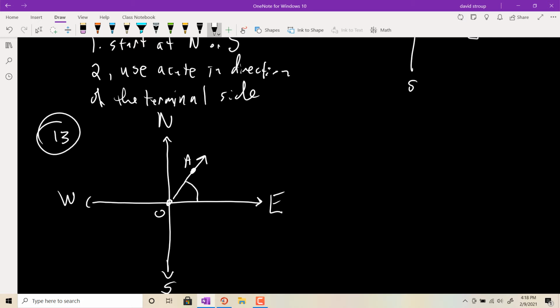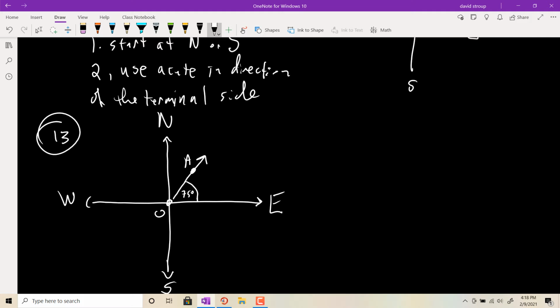Okay, and they give you this angle here, 75 degrees. Let me make sure what the question is. So it says, use the figure shown to solve the question, and the question says, find the bearing from O to A.